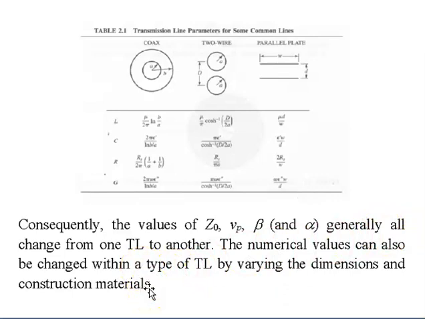The numerical values can also be changed within a type of transmission line by varying the dimensions and construction material. So what you have to do is play around with the dimensions of the material and also what it is made of.